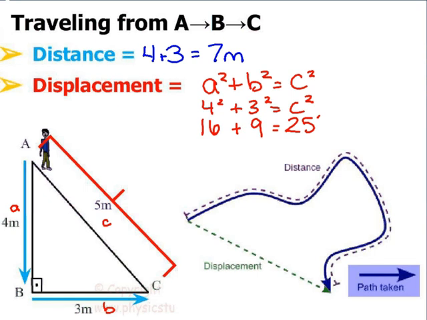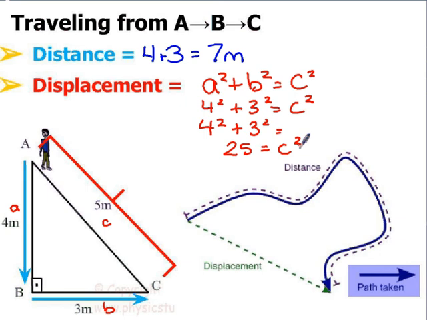But let me rewrite it a different way, because I think that's a little confusing. Let's leave our variable in. So we have 4 squared plus 3 squared equals c squared. So when you add 4 squared plus 3 squared together, you get 25 equals c squared.